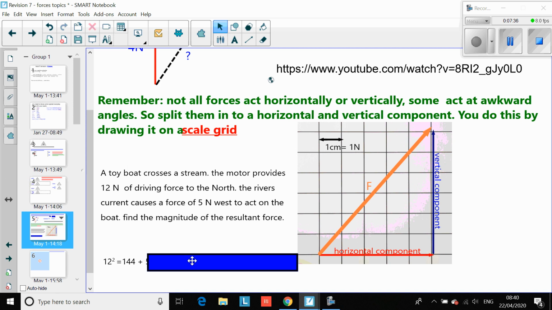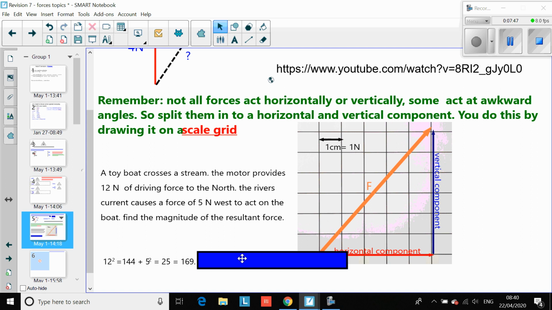Okay, add 5 squared. Well, actually, that's just from above. We worked that out, 25. So a squared plus b squared equals 169. So what we do is then square root that, and we have a resultant force of 13 newtons.